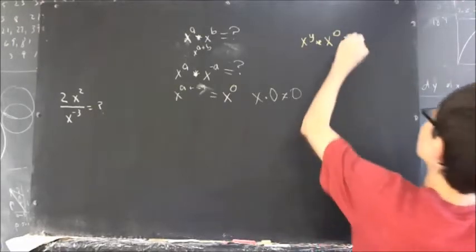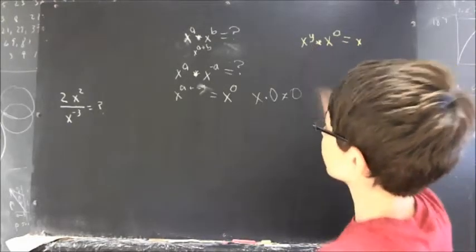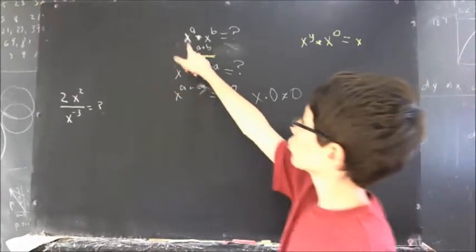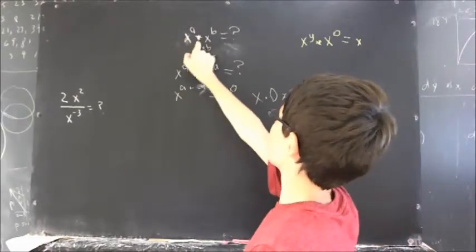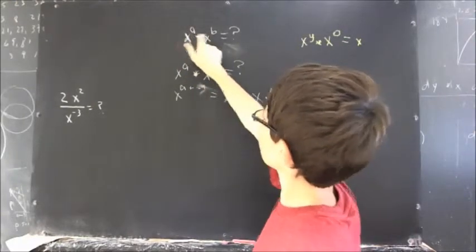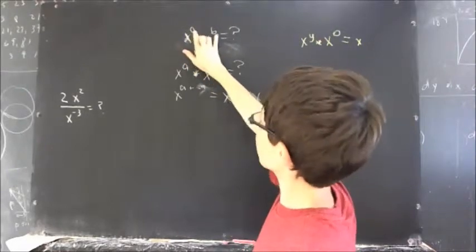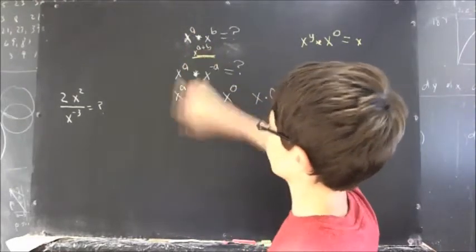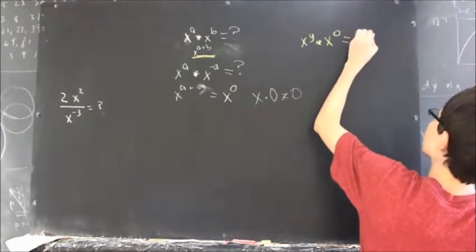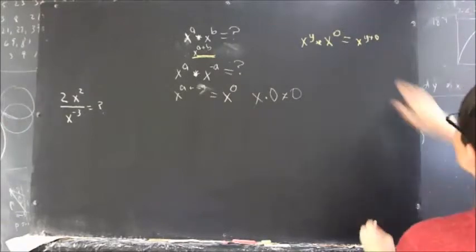So as we've seen here, the general rule of thumb is that if you multiply the same base, so your x is still the same on both sides, but then you have different exponents, you multiply them together, they just add. So here we just have equals y plus 0, and that's a small 0 and a small y.